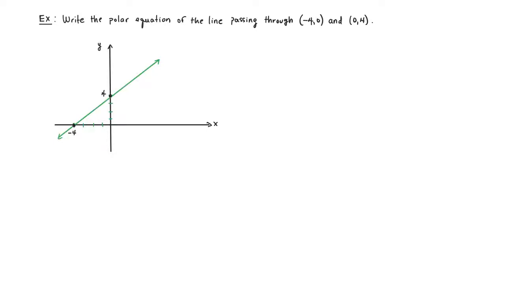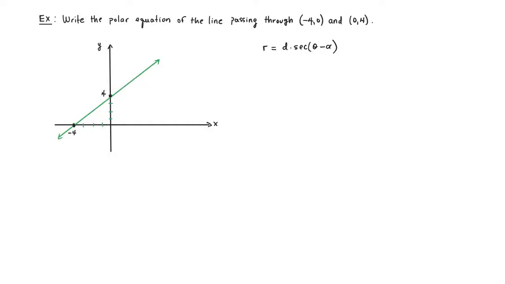This line doesn't pass through the origin. That means that we're going to use the form of the polar equation that we just developed. In polar form, the equation of this line should be r equals d times secant of theta minus alpha.